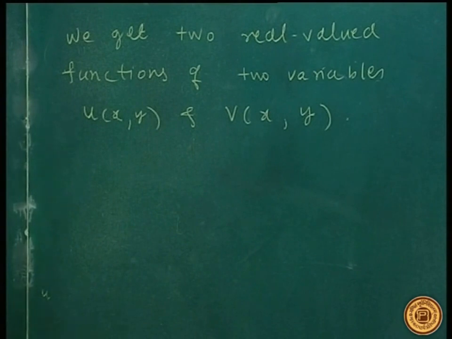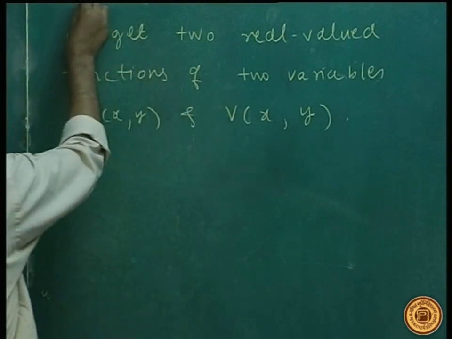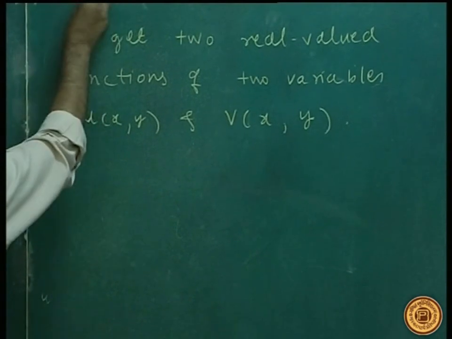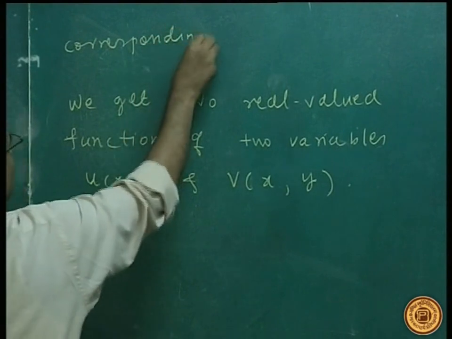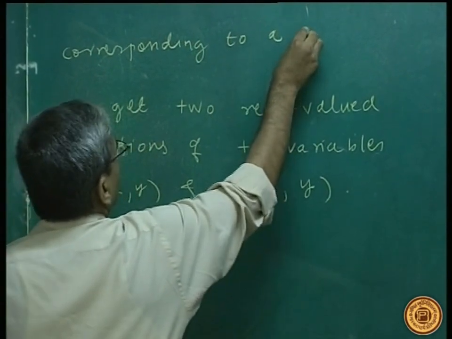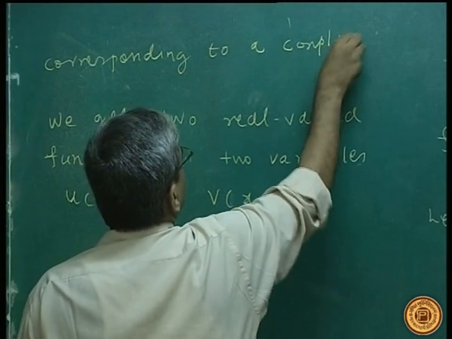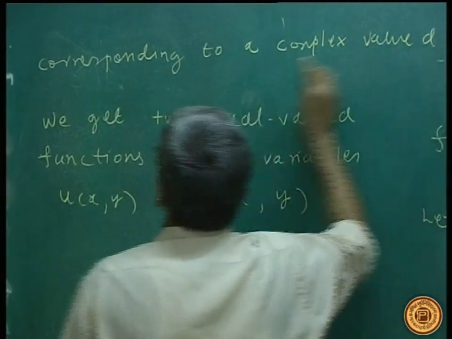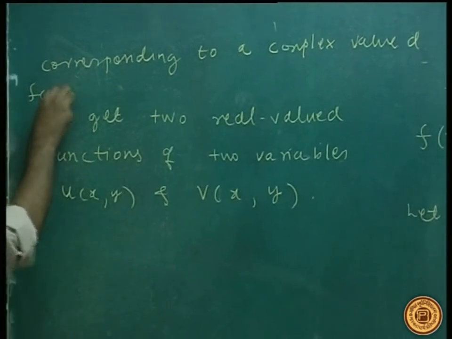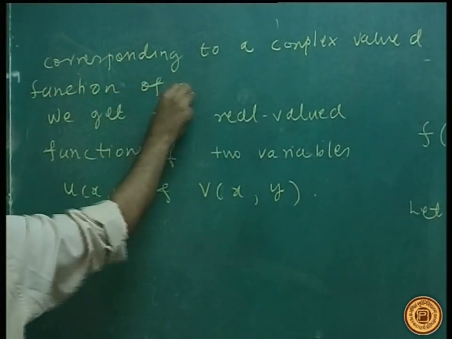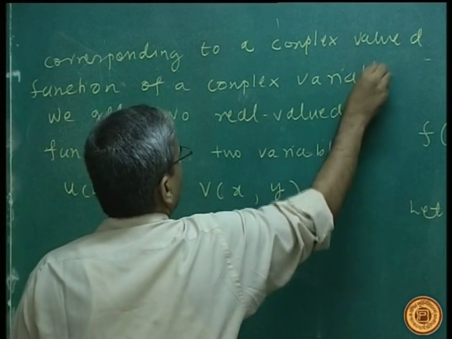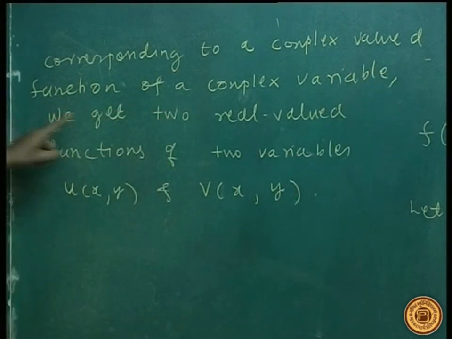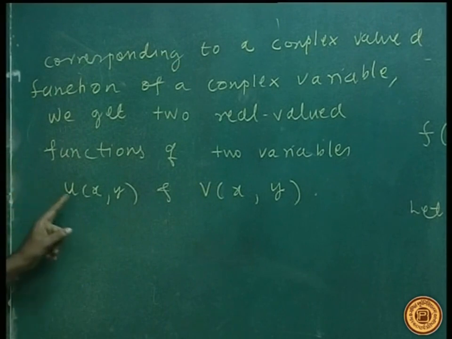So corresponding to f(z), that is a complex valued function of a complex variable, we get two real valued functions of two real variables. Those are u(x,y) and v(x,y).